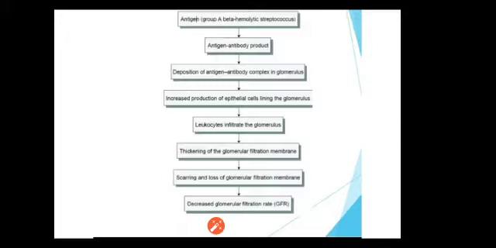This causes increased production of epithelial cell lining in the glomerulus. So when there is increased production of epithelial cells, it is causing leukocyte infiltrate in the glomerulus. So here chemotactic factors are formed in response to the immune cells like neutrophils and the macrophages towards the infection site we can see.